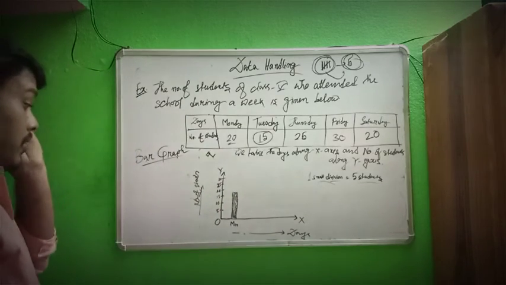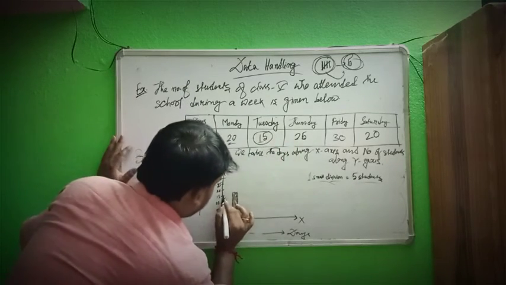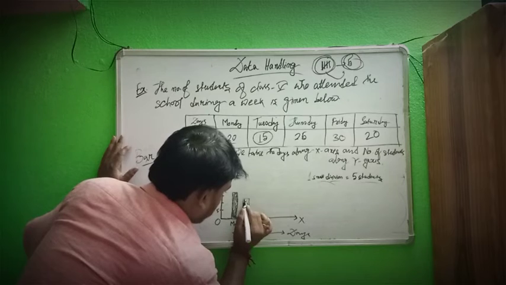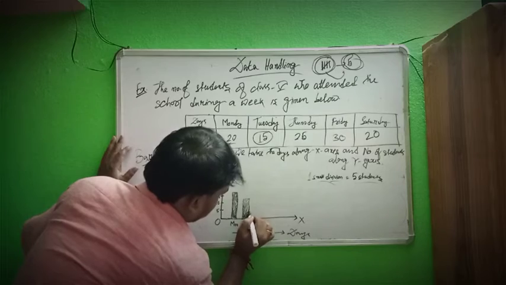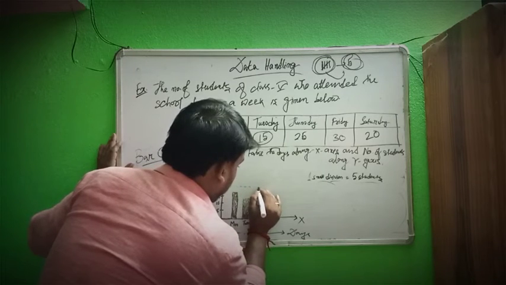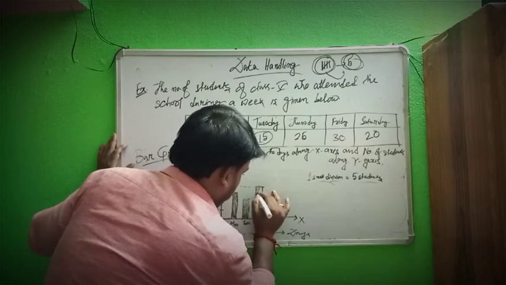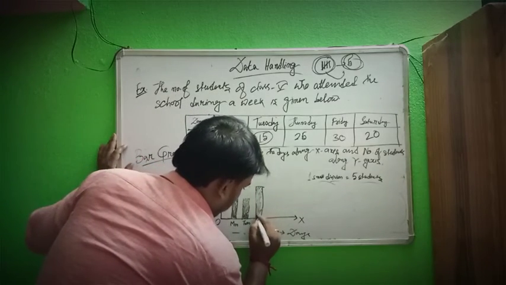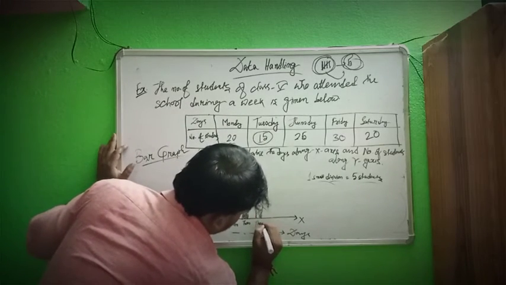Okay, so 20. For Tuesday, what is the value? 15. So 15 where? Here, up to this. So it is the bar for Tuesday. Next 25, so 25 up to here. It is for Wednesday.